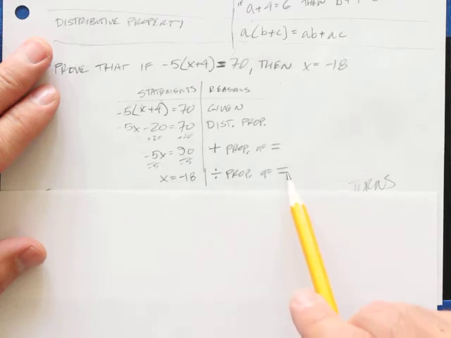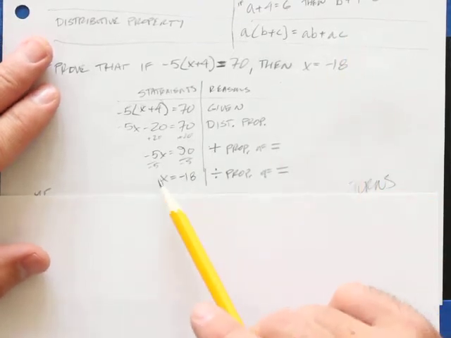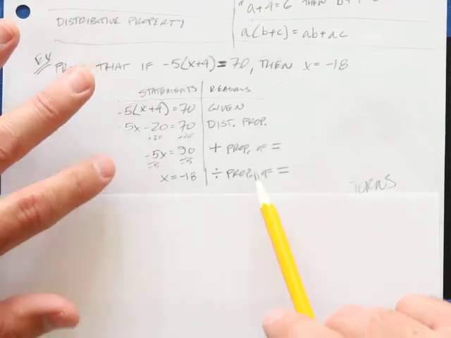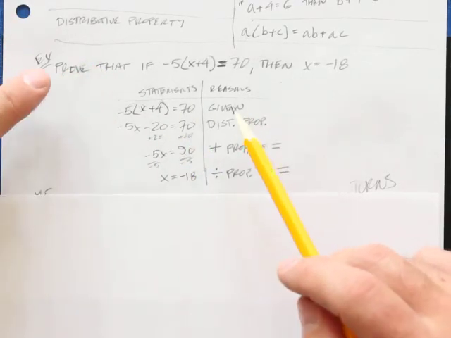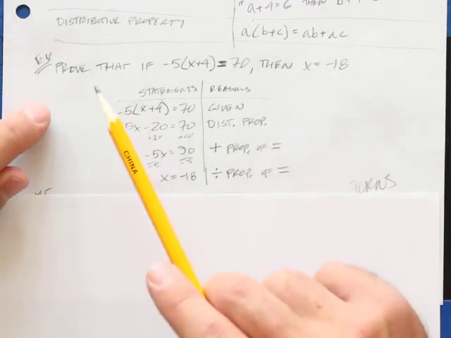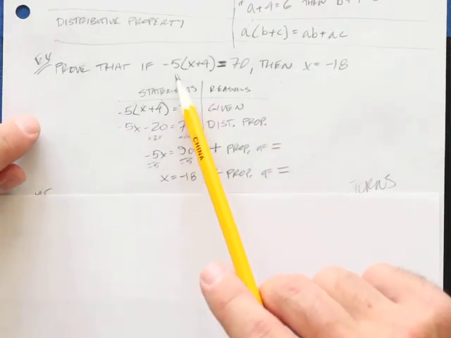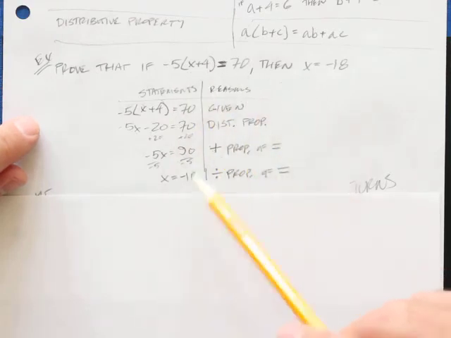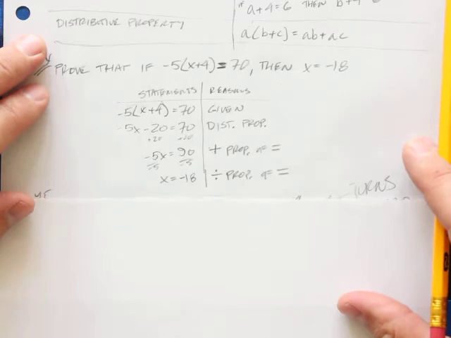Division property of equality, and that is what I was trying to prove, that x equals -18. So now I have completed my two-column proof, proving that if -5 times x plus 4 equals 70, then x equals -18.